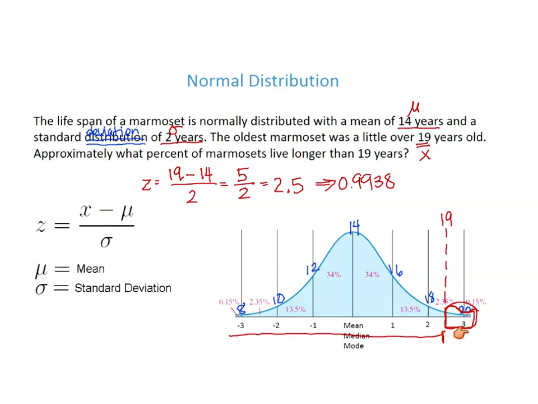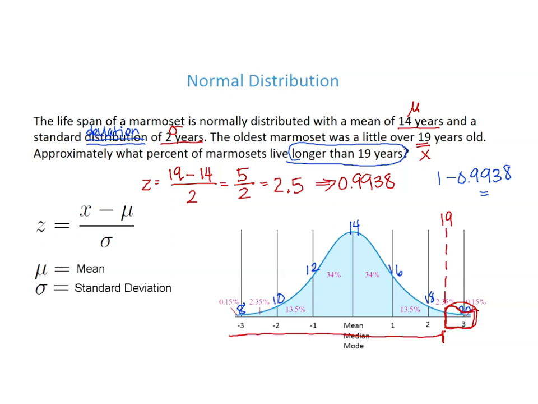Now, for the question, we want to know this area over here. So how far away are we from 1? If everything up to this point is 0.9938, how far away are we from 1? Well, I can find the answer to that question by subtracting. So that's what I'm going to do. Because I want to know longer than 19 years, I'm going to do 1 minus my probability, because I want just that tail end at the very top.